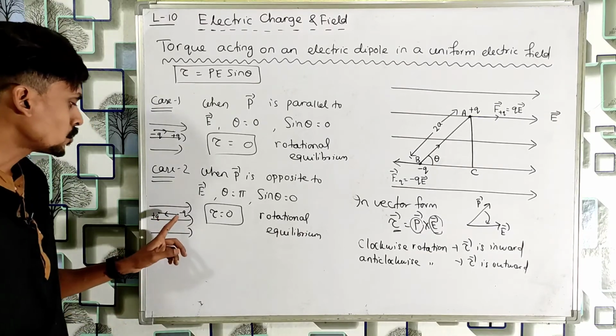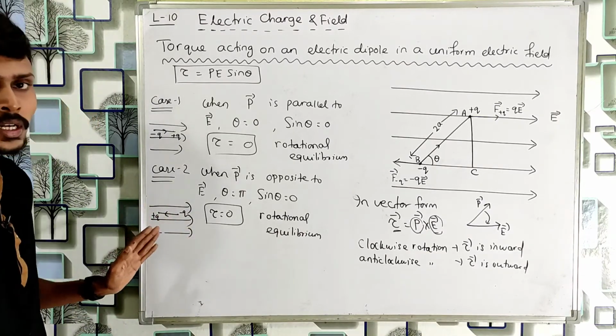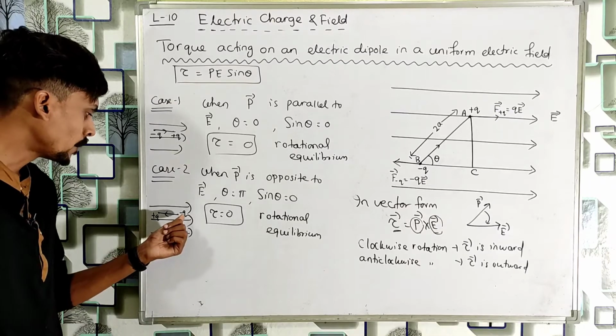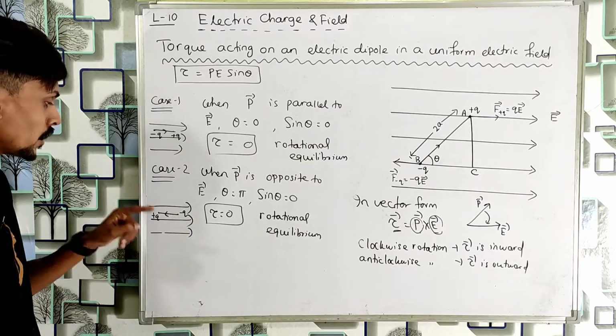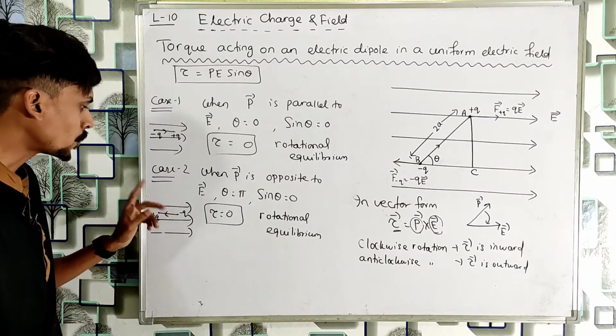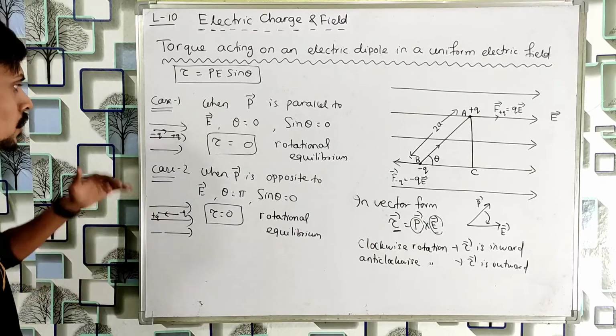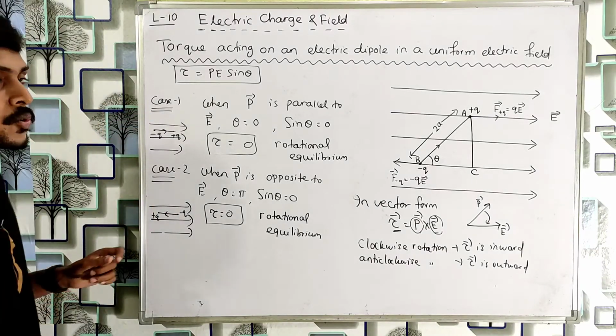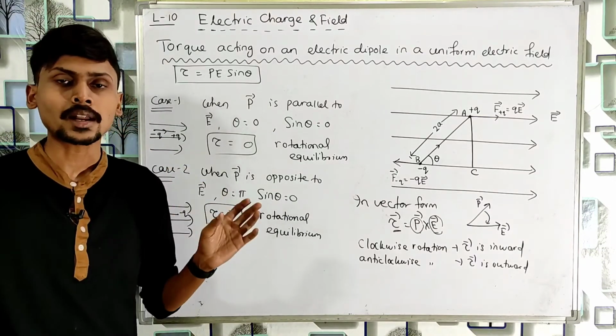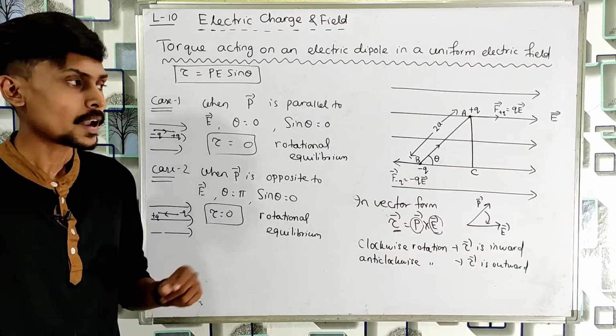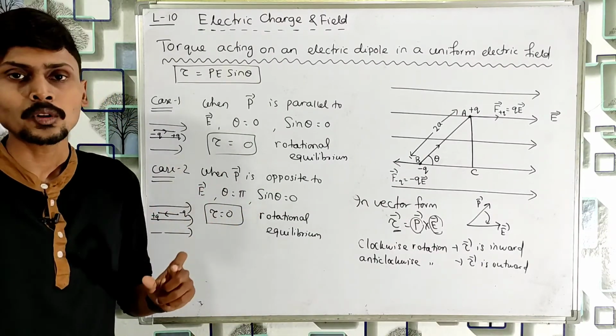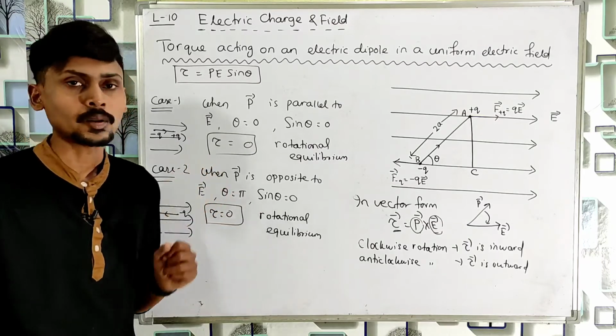Here the minus q charge is on the right side and the plus q charge is on the left side. So the dipole moment is towards the left, but the electric field is towards the right, so they are opposite to each other. But under these two conditions, we saw that the torque acting on the dipole is 0. And when the torque is 0, the dipole is said to be under rotational equilibrium.